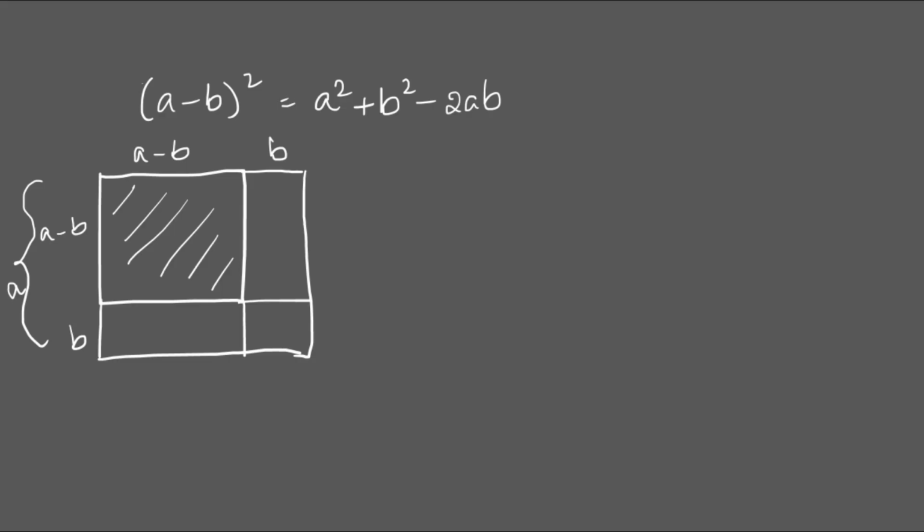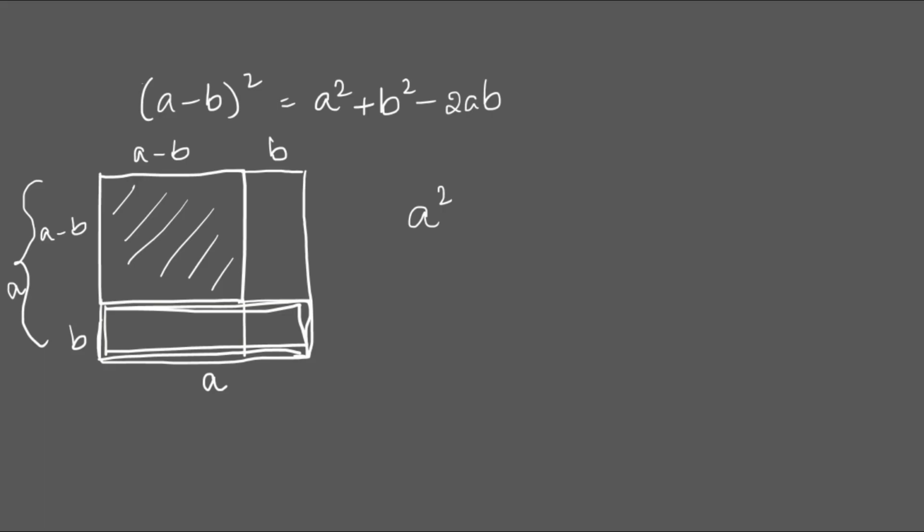To find this area, we'll take the total area and then subtract these portions from the total area. So what is the total area? This square is of side a, so the total area will be a square, and we'll subtract this rectangle which has length a and width b.